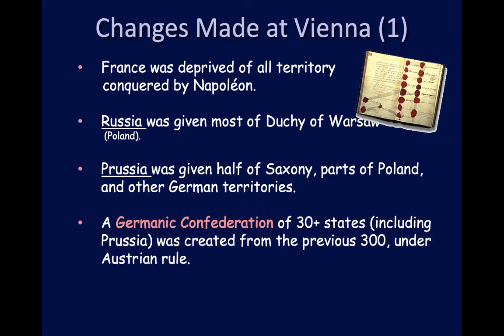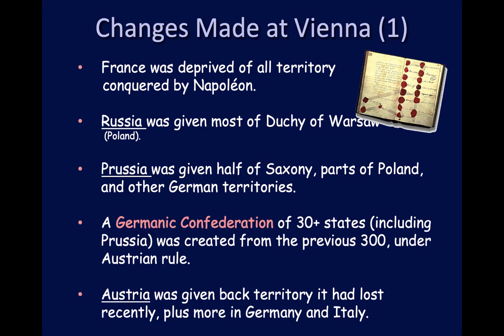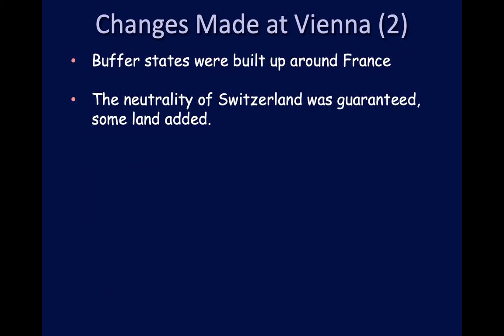And this German Confederation is created. So we don't quite have a modern Germany. That's coming in a week or two for us, but this is a step towards a unified German state. And Austria's given territory because it's the host here, and it has also played an important force, balancing or countering Napoleon all those years.